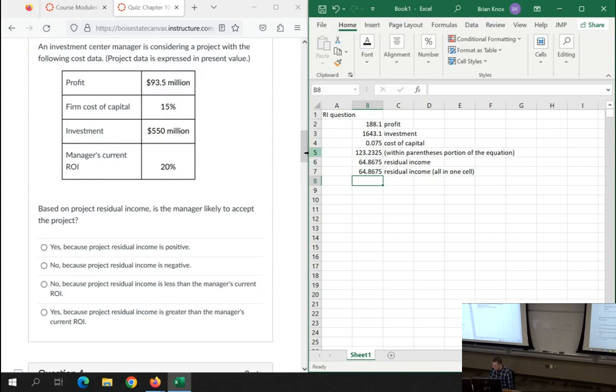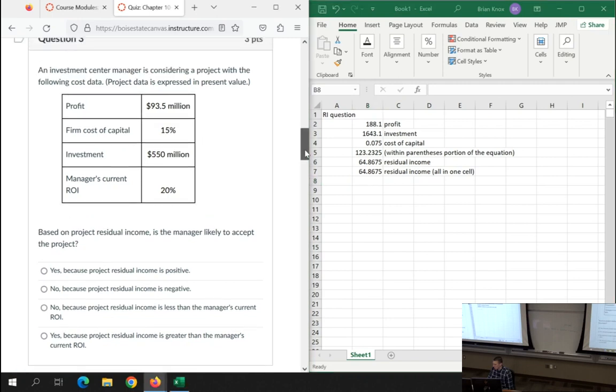We'll do one more residual income rep, because this is a different style of question. You have to solve for residual income. Well, let's step back for a second. You can do this two ways. We could solve for residual income, or we could solve for ROI and infer what the residual income is going to be.